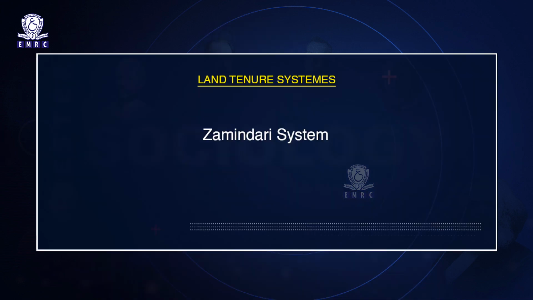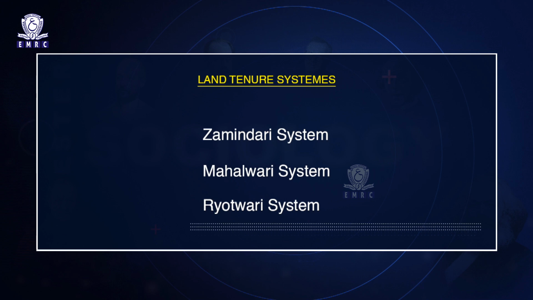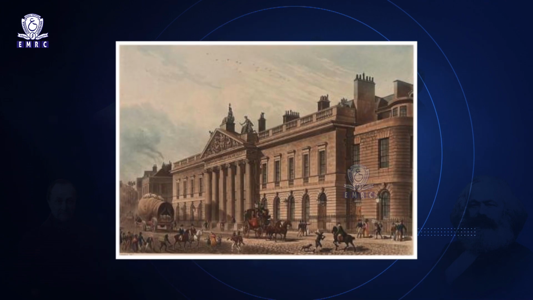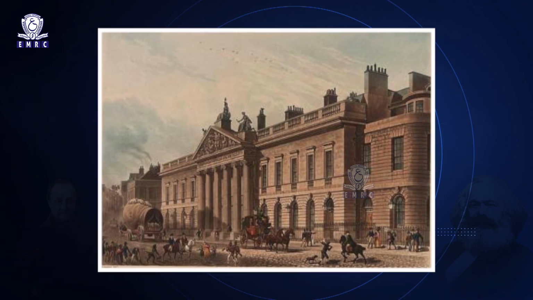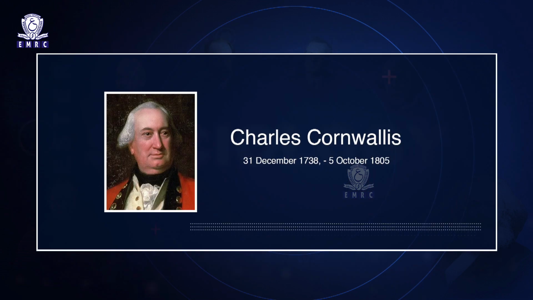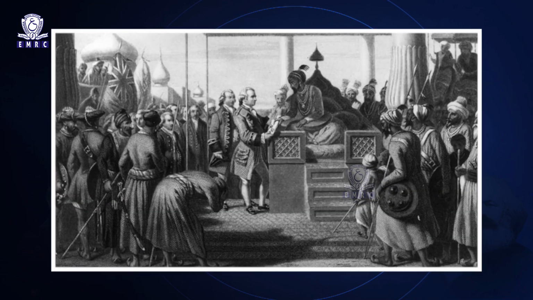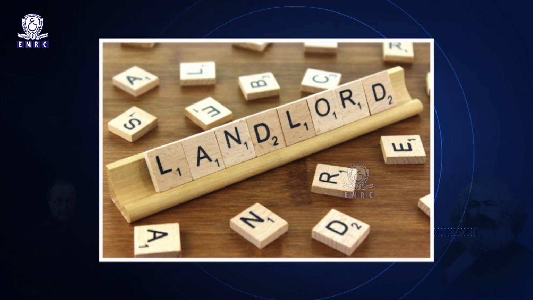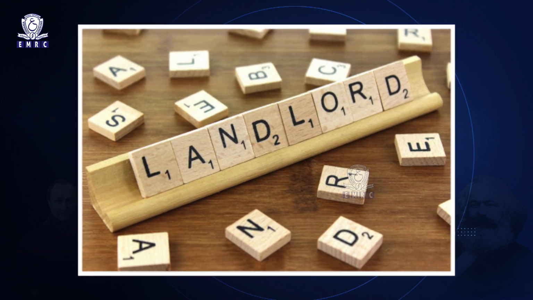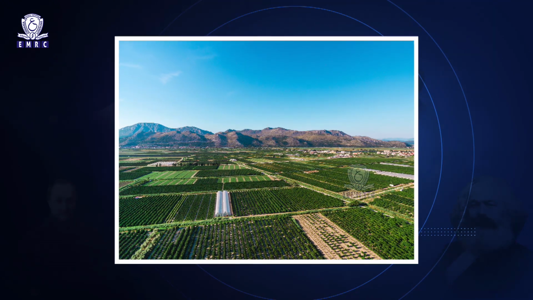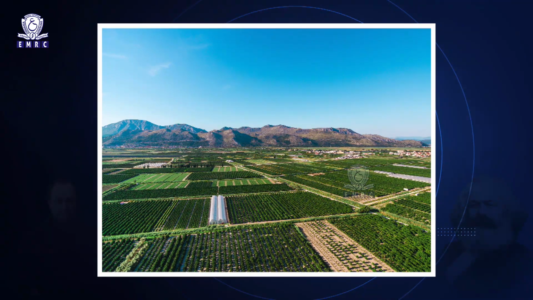Now, let us discuss the Zamindari system, Mahalwari system and Ryotwari system in detail. Zamindari system. This system was created by the East India Company when in 1793 Lord Cornwallis entered into a permanent settlement with landlords with a view to increasing the revenue of the company. Under the settlement, the landlords known as Zamindars were declared full proprietors of large areas of land.